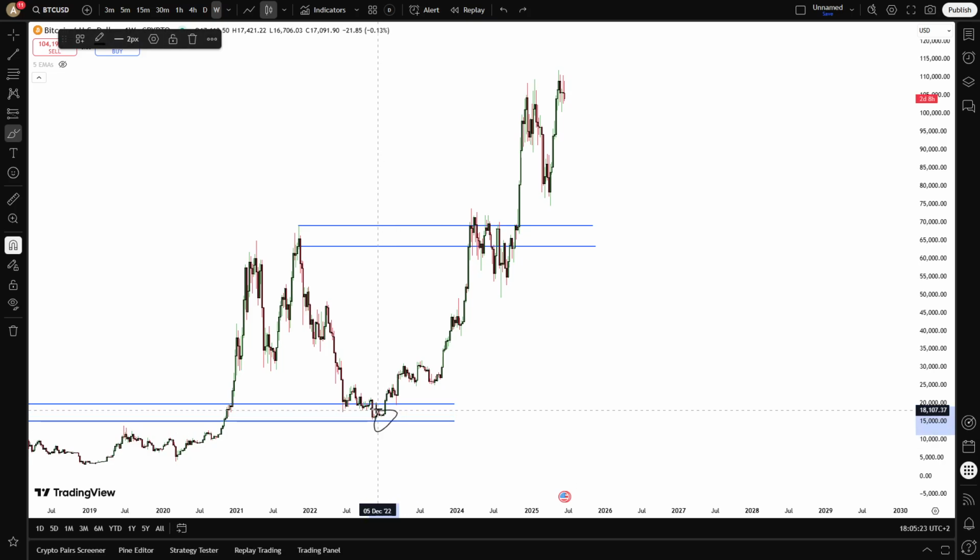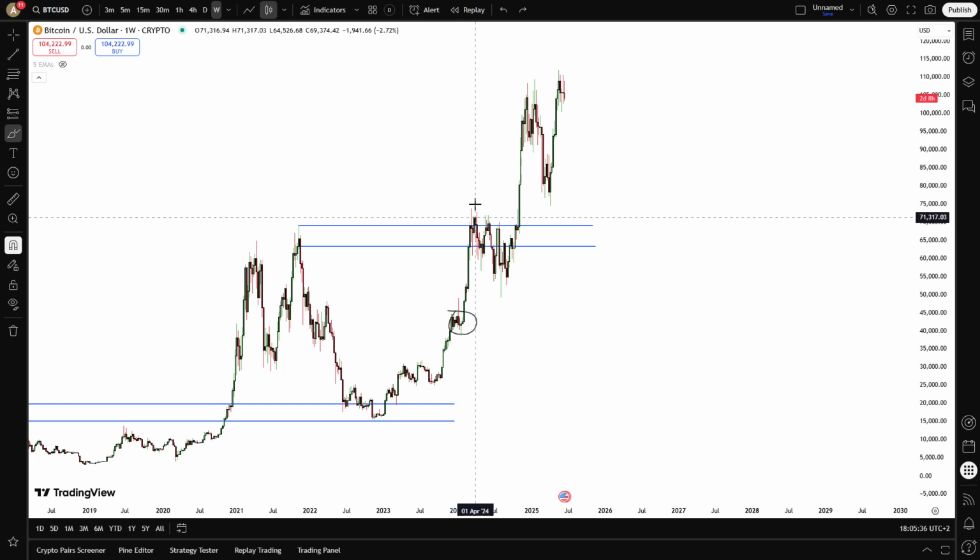Look at this, this was a range. Look at this, also a range. When we look at this here, a key pivot, also a range. This again, where do you come into? Those previous highs on this drop. Come back into these previous highs. So this is the simple staircase logic and the ranging logic.